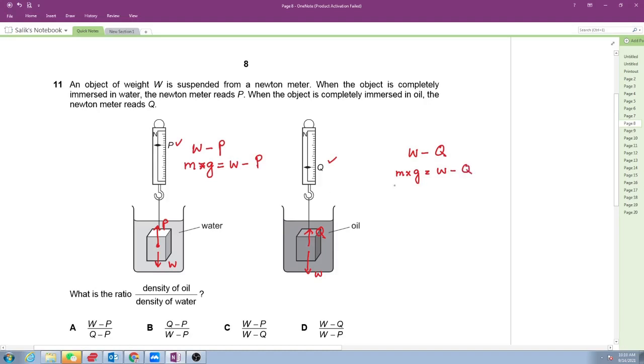And we know that mass equals density times volume.